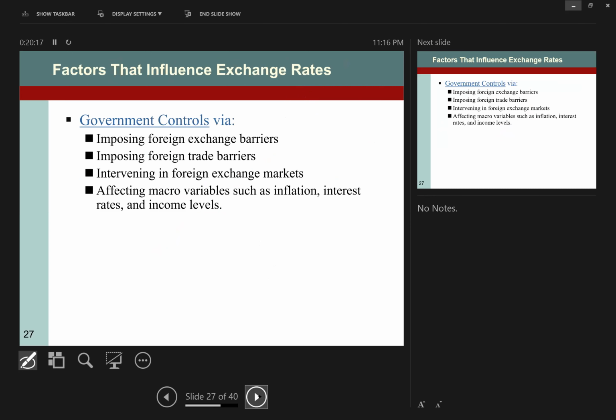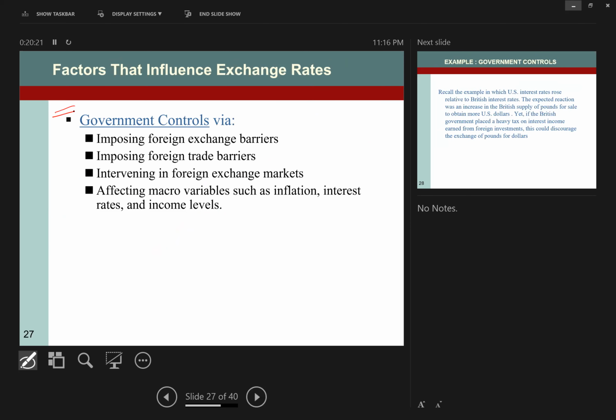Let's move forward. The last part is government controls. So government controls can also affect the exchange rate movements. Number one, imposing foreign exchange barriers. You cannot transfer currency or you cannot buy currency.